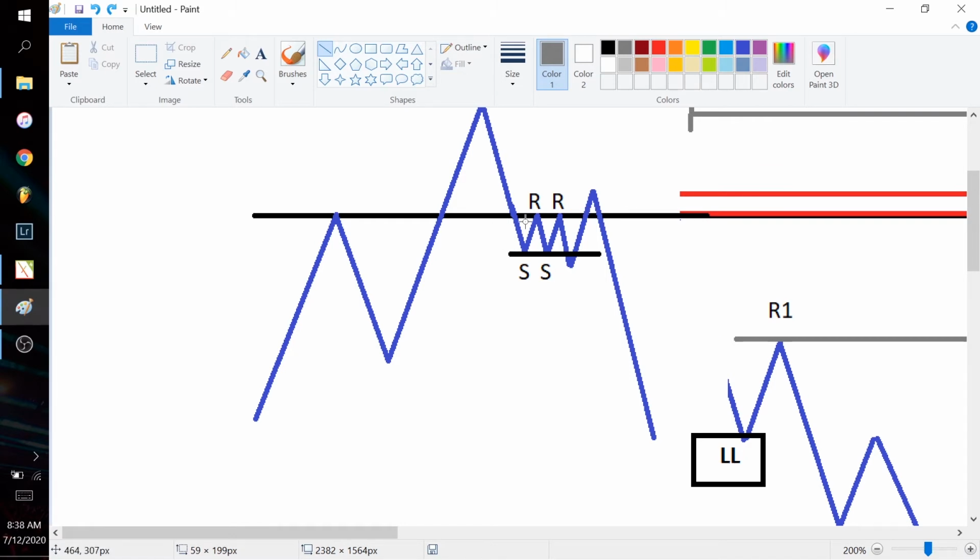What that means is, imagine if you buy here, you get stopped out. If you sell, you're wrong as well, you're going to get stopped out here, before the banks push the price all the way down and have a significant drop. So it takes out all the scalpers here and uses it as liquidity.